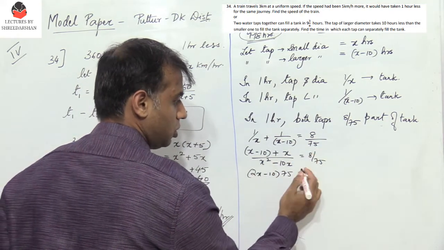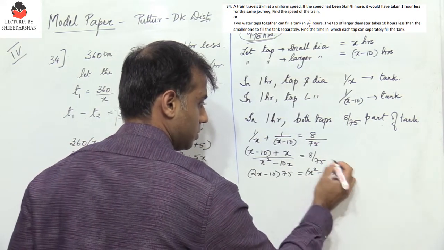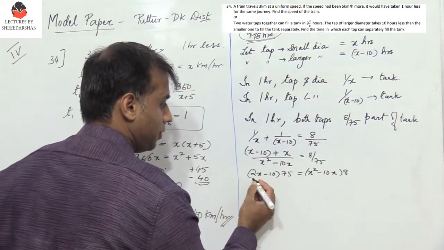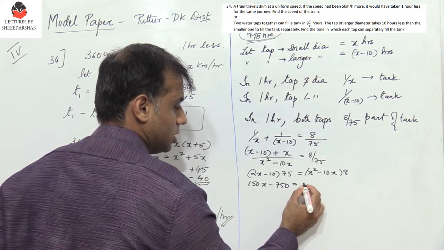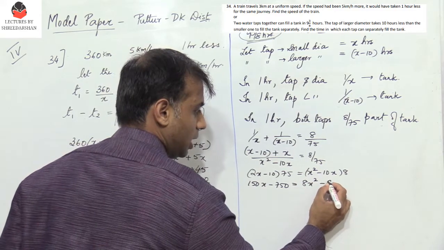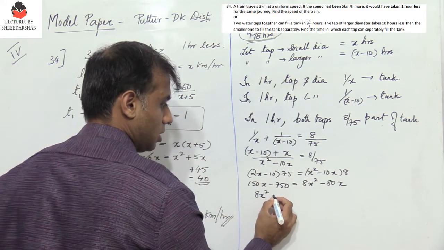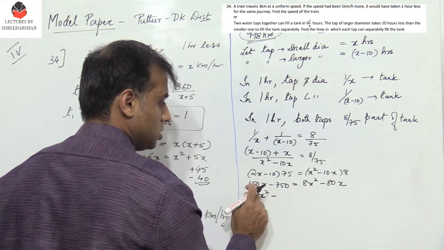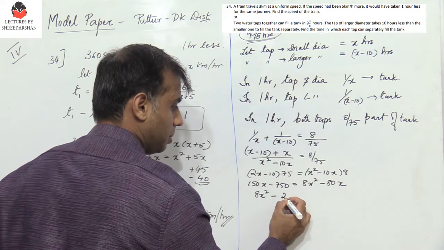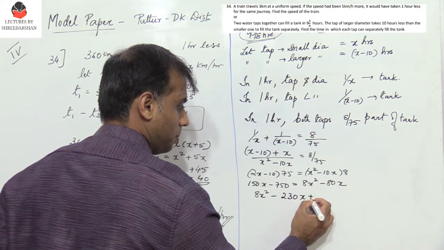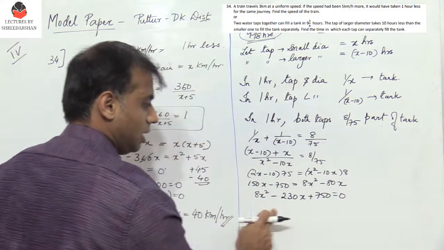So this goes to the numerator here, x square minus 10x into 8. So we have 75 into 2 is 150x minus 750 equals 8x square minus 80x. So you have 8x square minus, so I take 150 to the RHS, so you get minus 230x plus 750 equal to 0. So let me divide the entire equation by 2.